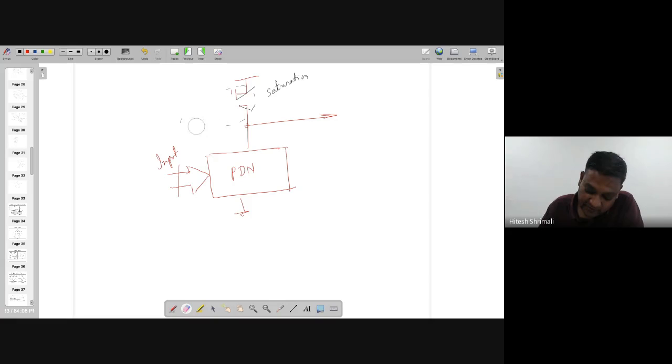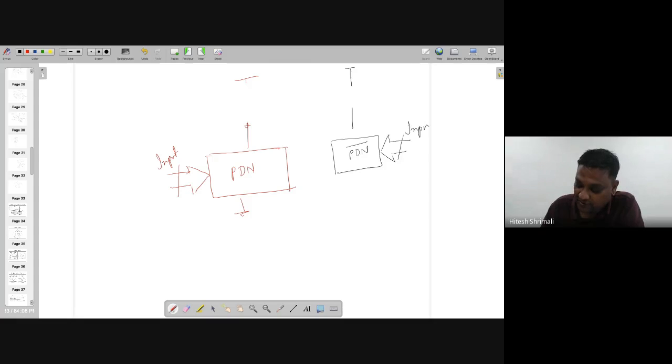With that concept, when DCVSL was developed, they said let's have the PDN, but this is complementary to the other one, and inputs are also complementary. So inputs will be input bar, and here there will definitely be the PMOS logic to connect to VDD. However, these inputs are driven by the output of another side.